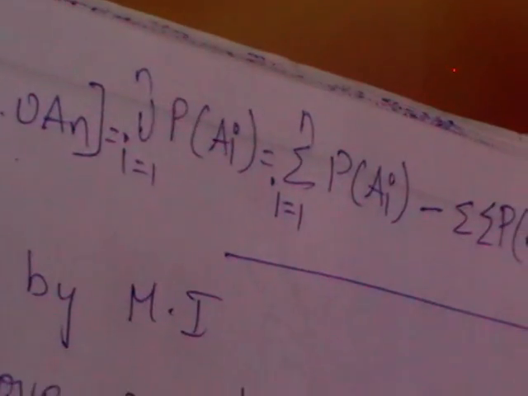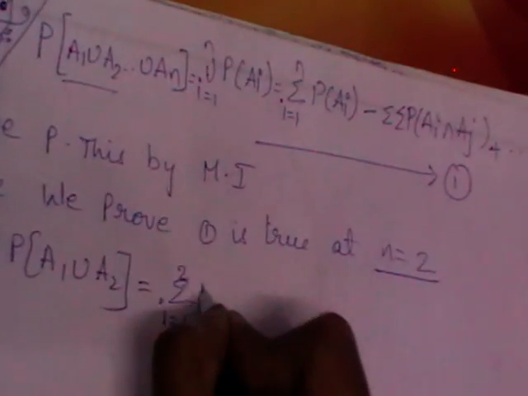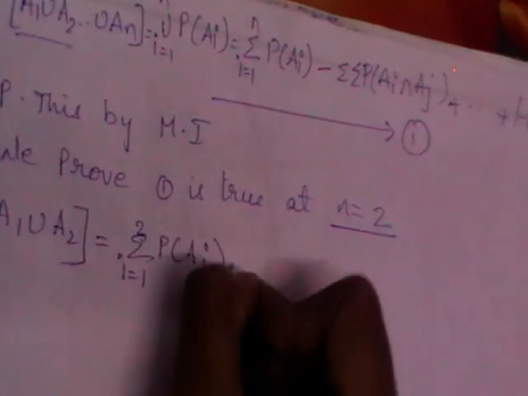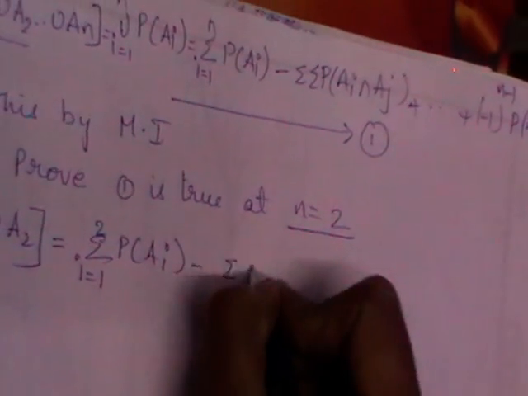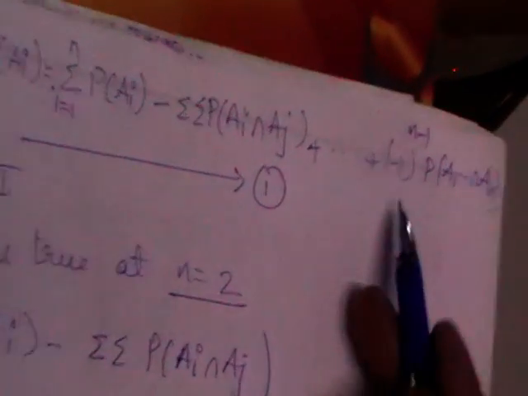If you put n is equal to 2, you get sigma i is equal to 1 to 2 P of Ai minus double summation, here also P of Ai intersection Aj. Only 2 terms you will get here. Even though if you put n is equal to 2 here, you will get minus 1 whole power 2 minus 1, that is minus 1, P of A1 intersection A2.